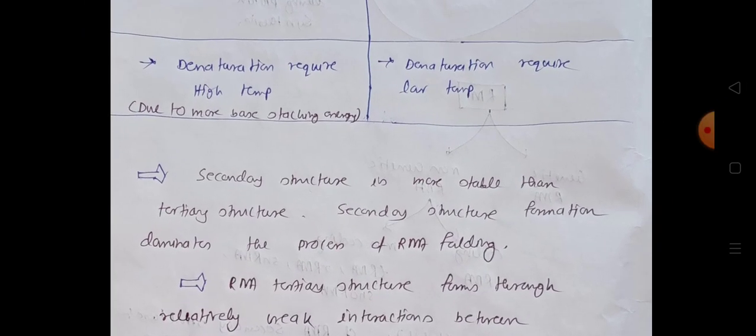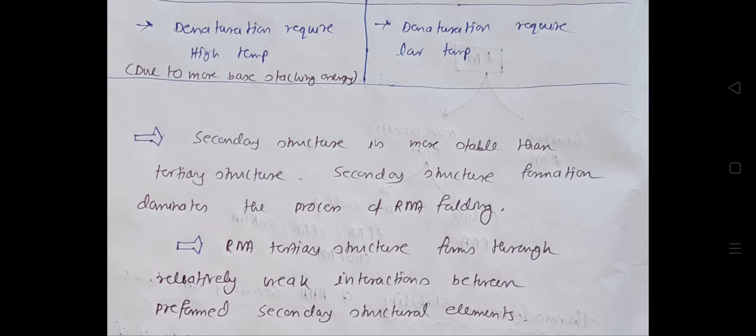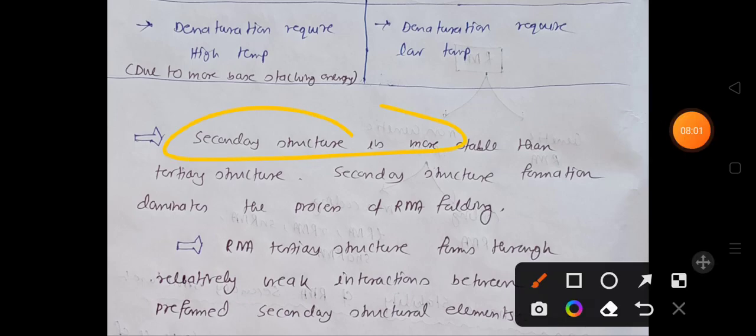Okay, so now here is another thing you should remember: the secondary structure of RNA is more stable, and the formation of secondary structure favors the folding of RNA. We have studied another type of folding in biomolecules, that is protein folding, right? And in protein folding, we have studied that tertiary structure favors protein folding, right? But in the case of RNA, it is the secondary structure.